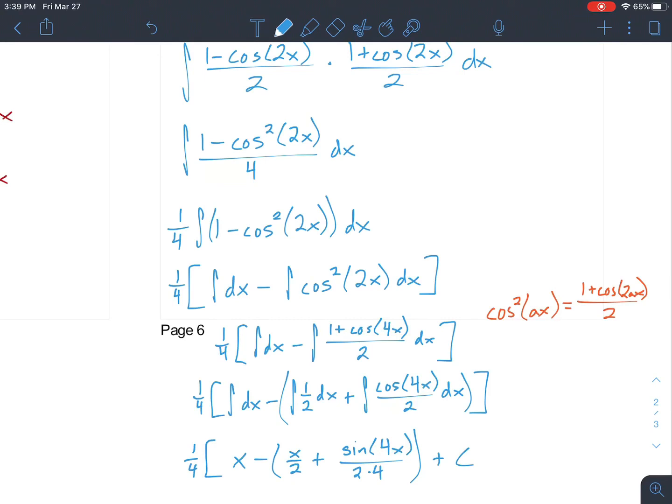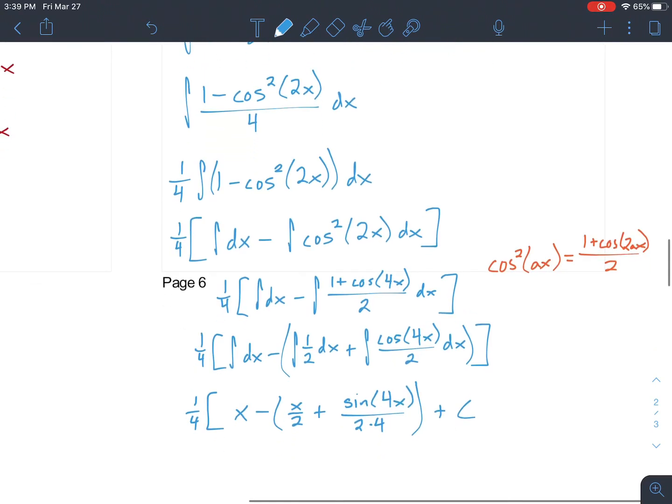And the final thing, let's simplify. So I've got that 1/4 in front that can combine with everything. X minus x over 2 is going to leave us with x over 2 times the 1/4. We're going to eventually get x over 8. And then for this second part, let's distribute that minus sign in, and we're going to get sine of 4x over 8 plus c.